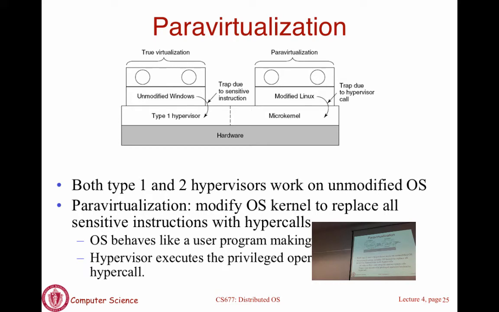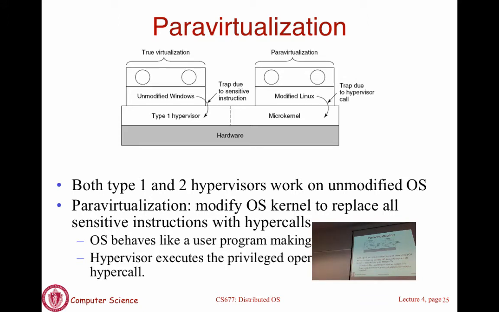So you no longer need the trap functionality at the hardware level. When your OS code runs, every time it needs to perform the operation, somebody has re-implemented that operation using a hypercall. So you will execute the hypercall. The hypercall will go into the type 1 hypervisor and ask the type 1 hypervisor to perform that operation on behalf of the OS.